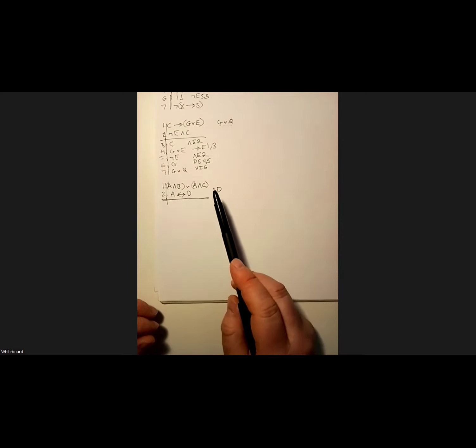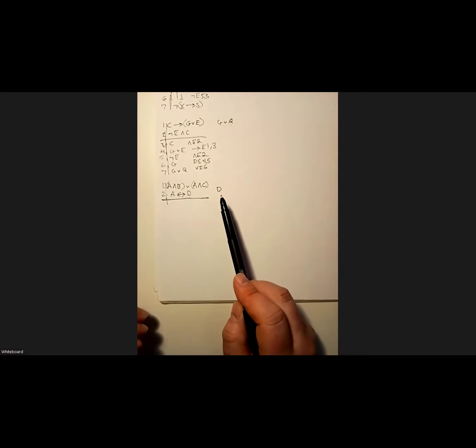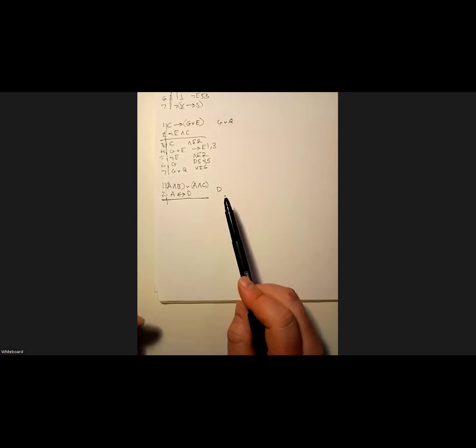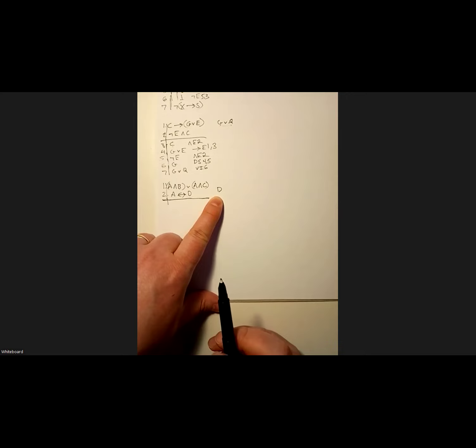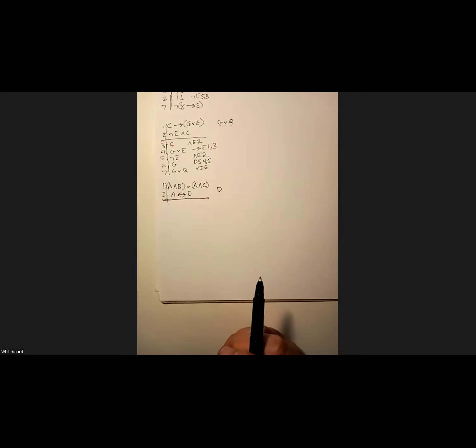Well, it can't be any kind of introduction rule, because introduction rules always give us a complex sentence. They always give us a sentence featuring the relevant operator. And since this is an atom, we know it's going to be some kind of elimination rule. So that's the first thing to note.